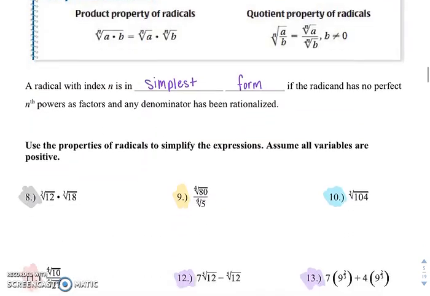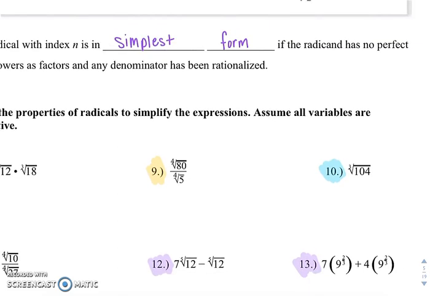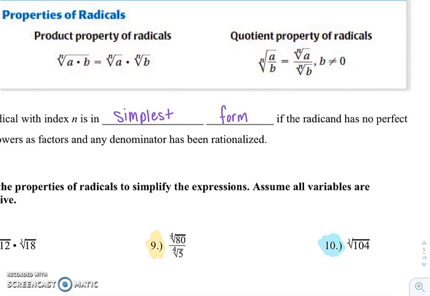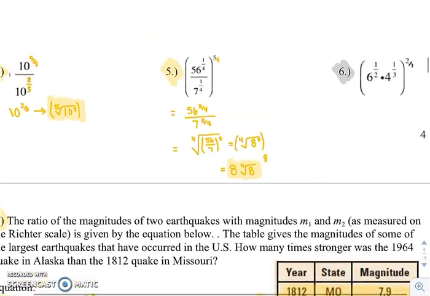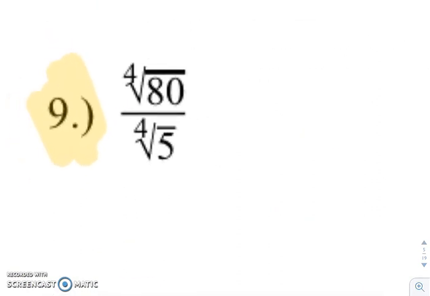So moving along, we're just going to do a couple more division ones here. So if you look at number 9, 4th root of 80 over 4th root of 5. Again, remembering that if it's helpful, if they have that same root or index like above, we put them together. This one, it benefits us to do the same thing.